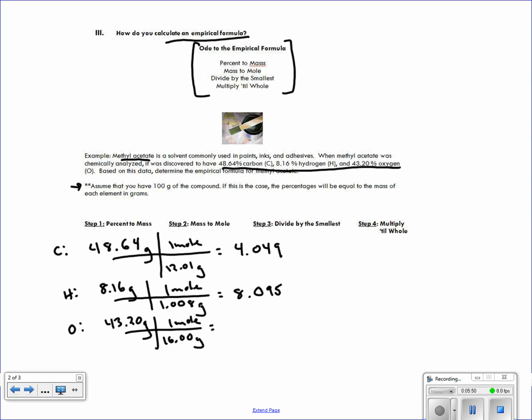It's keeping 4 sig figs. Technically, I should only have 3, but you'll see in a moment why that actually doesn't really matter. And we have 43.2 divided by 16.